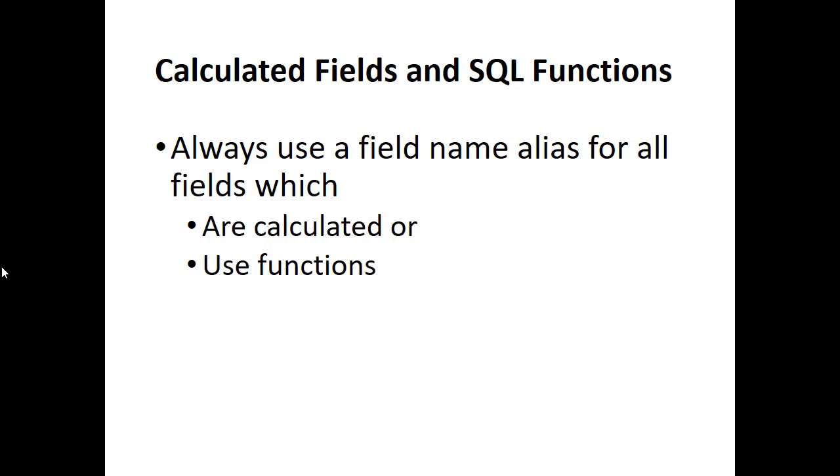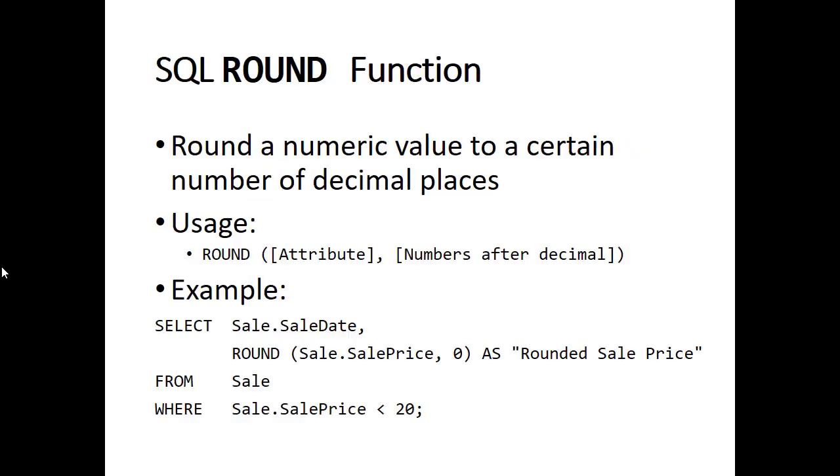So we want to give aliases to all of the columns that we put in our query output that contain functions. Every example that I go through today will use an alias. When we're doing aliases for field names, we want to use the AS keyword.